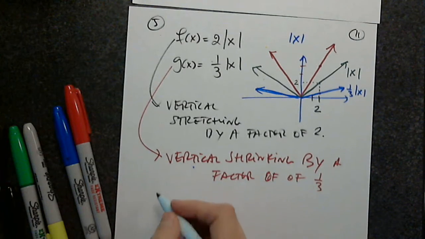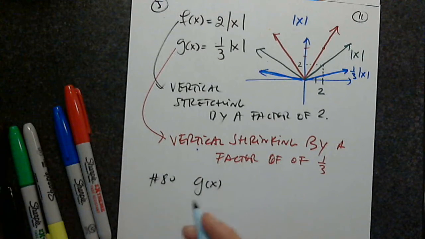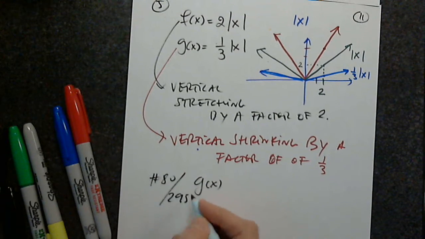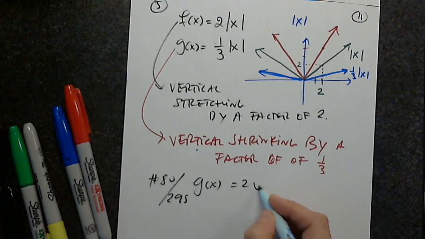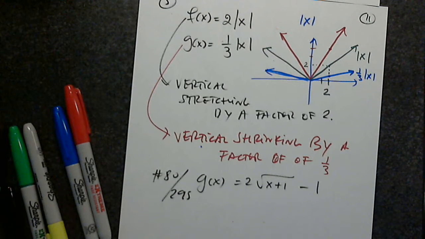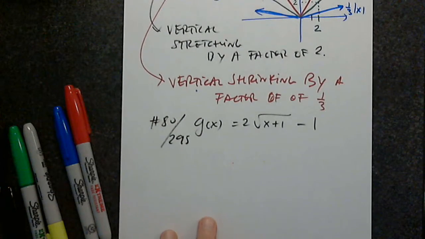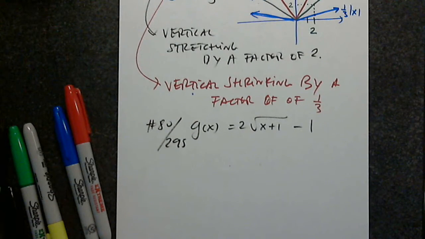For example, problem 80 on page 295, last thing: f of g of x equals 2 times the square root of x plus 1, minus 1. We're asked to present a graph that uses transformations.